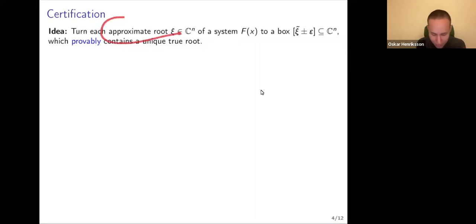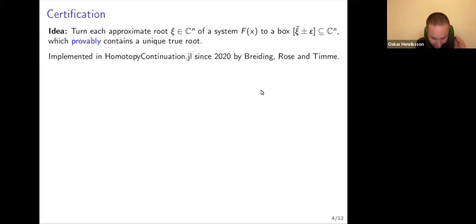So you go from these approximate roots to slightly enlarged boxes where you know that there is precisely one true root. This has been implemented also, at least in the Julia package, where it's possible to use it since 2020 due to a very nice implementation by Breiding, Rose, and Timme.